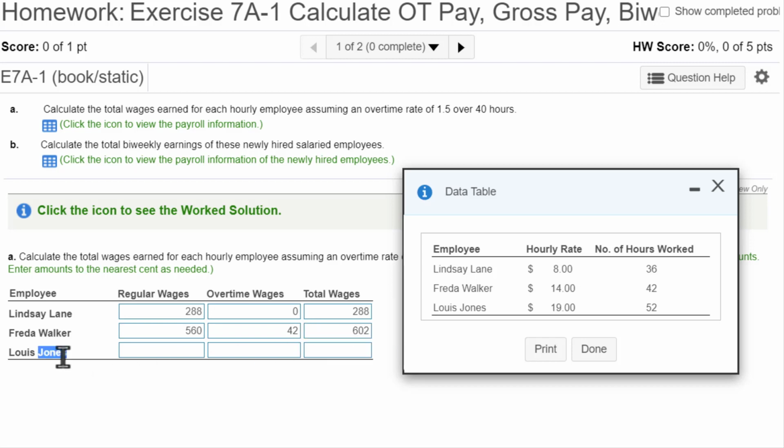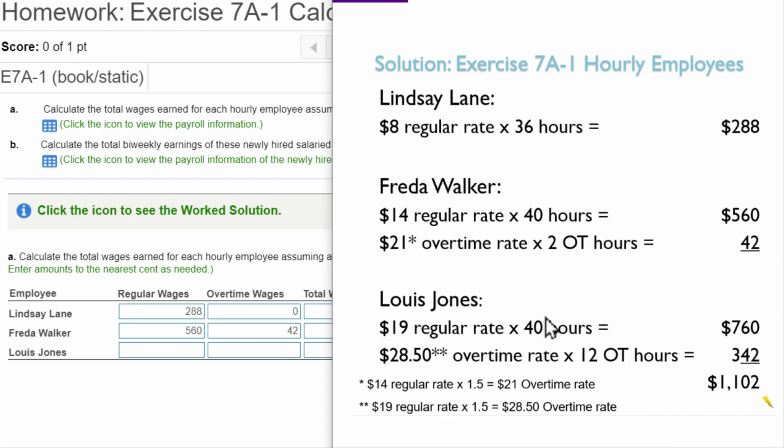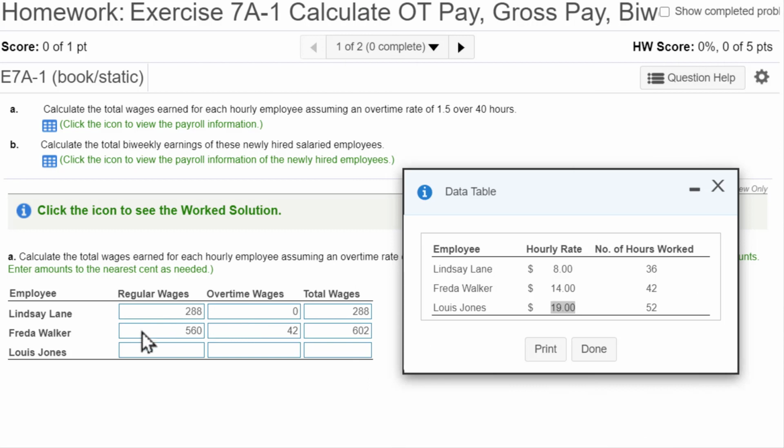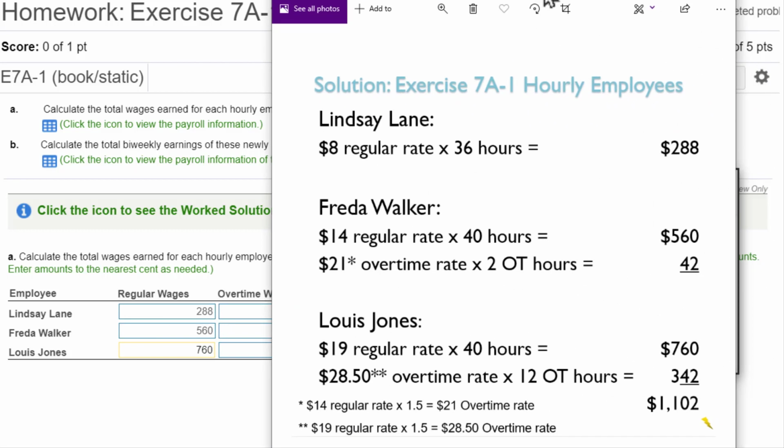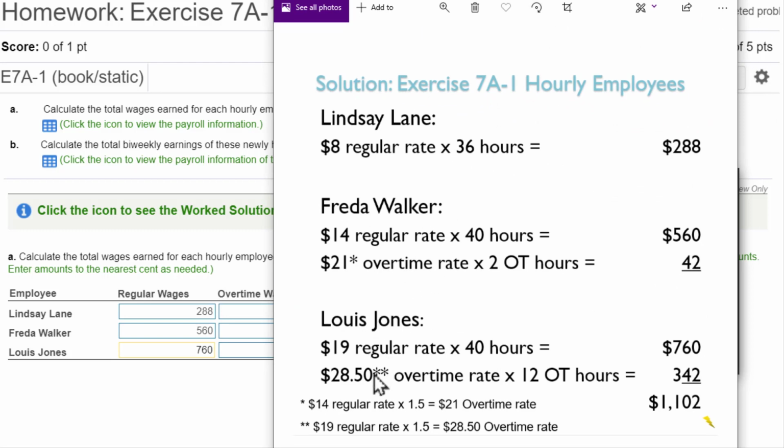And then Lewis Jones worked 52 hours at $19 an hour. We first calculate the first 40 hours. So 40 hours times 19 gives us 760 of regular wages. For the overtime wages, we have to calculate Lewis's overtime rate. We take his $19 regular rate times 1.5, which gives us $28.50 per overtime hour.